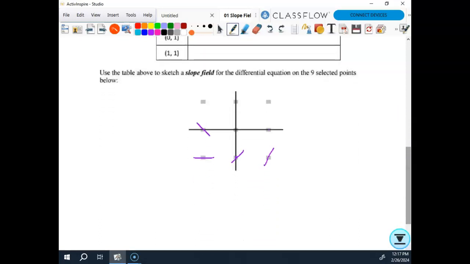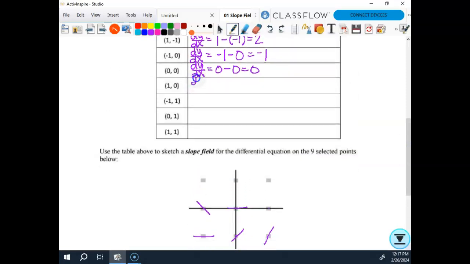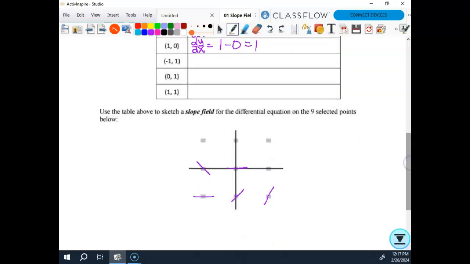So at (0, 0), I have a 0 slope again. Then dy/dx equals 1 minus 0, which is 1. So at (1, 0), I have a slope of 1, which should be about the same as that one, because that one was a 1.